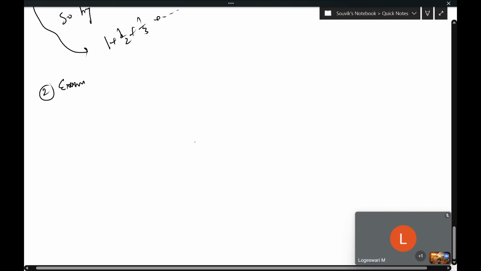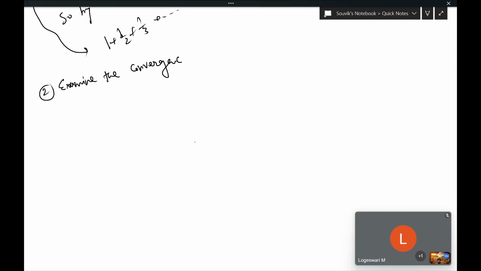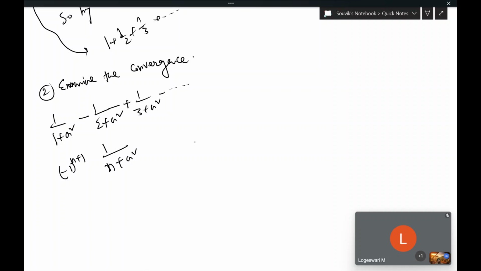Next, consider the series. Examine the convergence. 1 by 1 plus a square, minus 1 by 2 plus a square, plus 1 by 3 plus a square, and so on. We need to show its convergence. The general term is (minus 1) to the power n plus 1, by n plus a square.